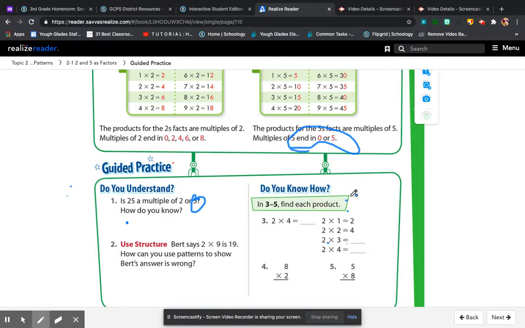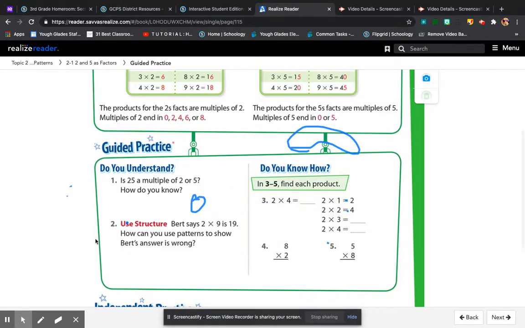So what I want you to do for this guided practice page is go ahead and try these by yourself. You know enough to just give it a go. And I have a fluency assignment for you on Schoology you need to complete, so make sure you're getting that done. You're going to be practicing being fluent in your 2's tables and your 5's tables, or facts.